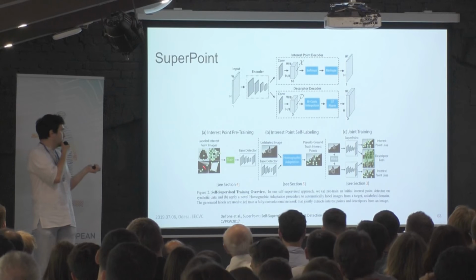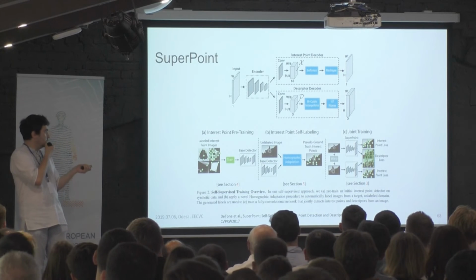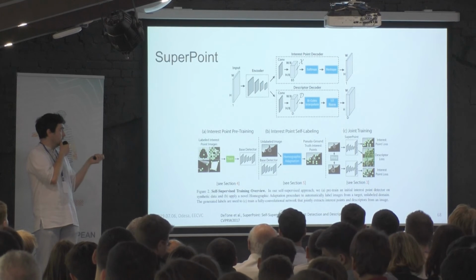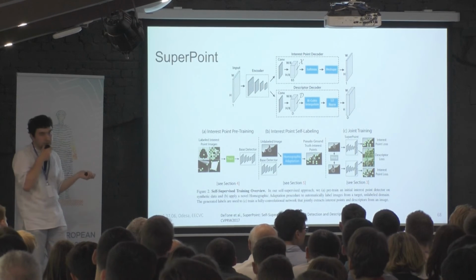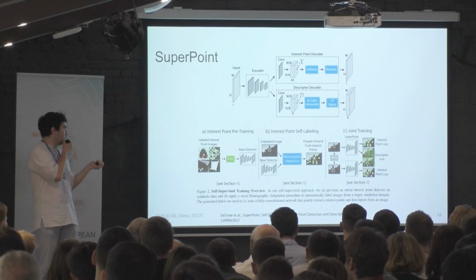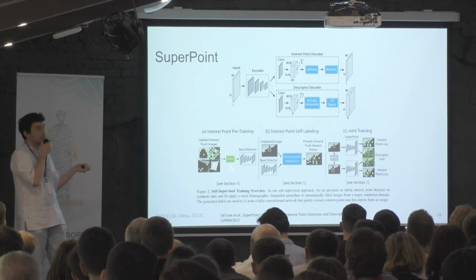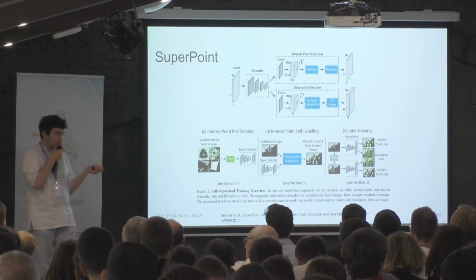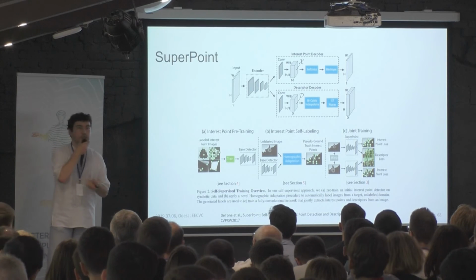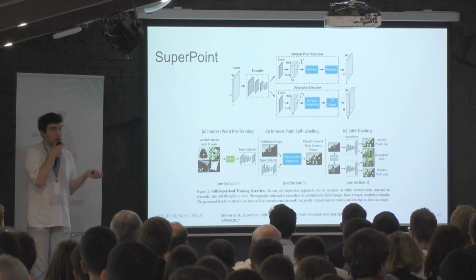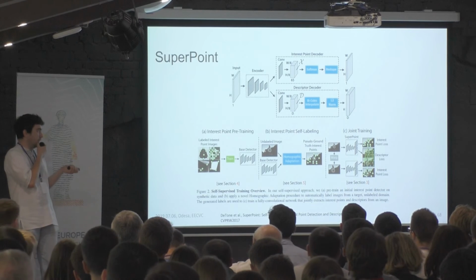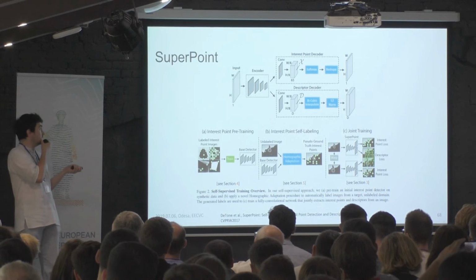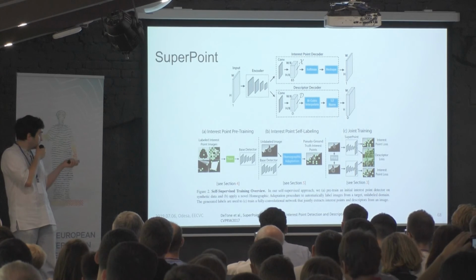They first have a CNN output the detector, the keypoint position, and the descriptor, and they train first on corners and junctions on a synthetic dataset, and then fine-tune this on real data. This is what is used in MagicLeap. This is very fast. It is better than the FAST detector, but not as good as SIFT for some tasks.